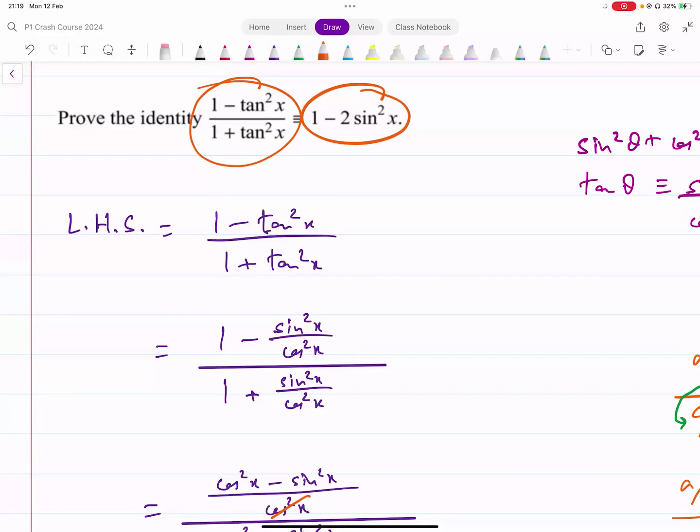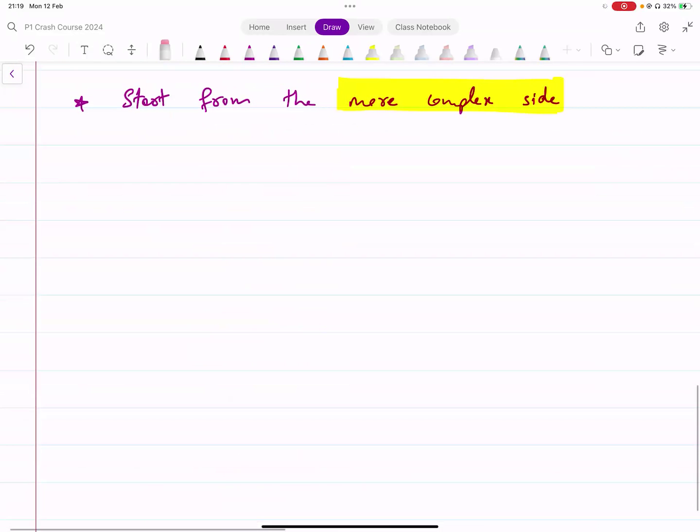It's much easier to simplify a fraction to make it something like this, rather than going the other way around. It's going to be much more difficult to convert this to a fraction. Simplifying a fraction and getting rid of the fraction is easier as compared to converting something like this to a fraction. So going from right to left here would be more complicated. So you start from the more complex side and simplify that. That's the general rule. Okay. Now, how do you decide which side is more complex, right?